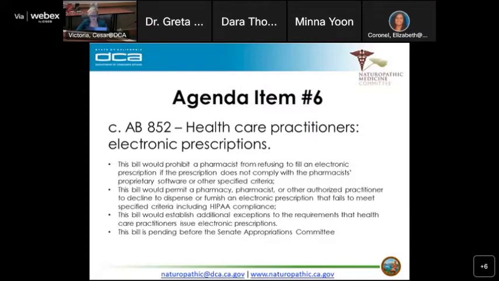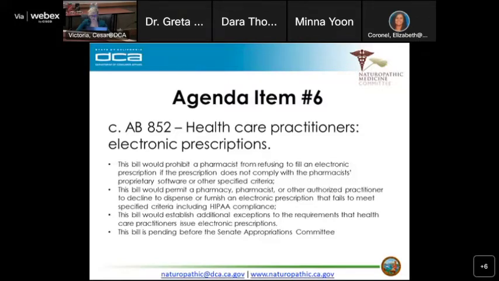It would permit a pharmacy or pharmacist to decline or dispense a prescription that fails to meet specified criteria like HIPAA compliance, and it establishes additional exceptions for the ordinary electronic prescriptions rule.